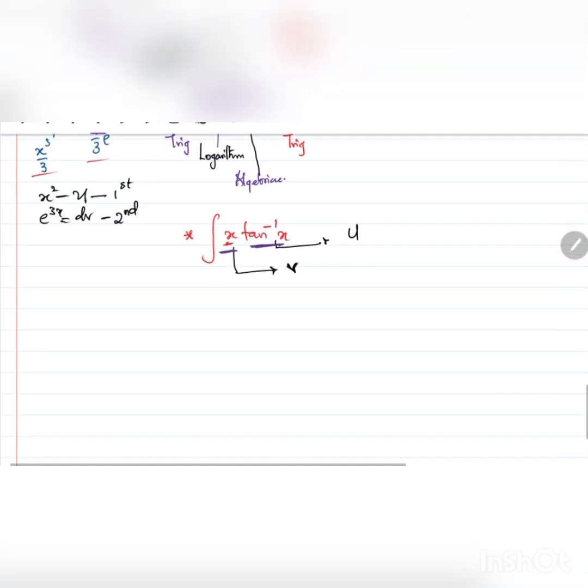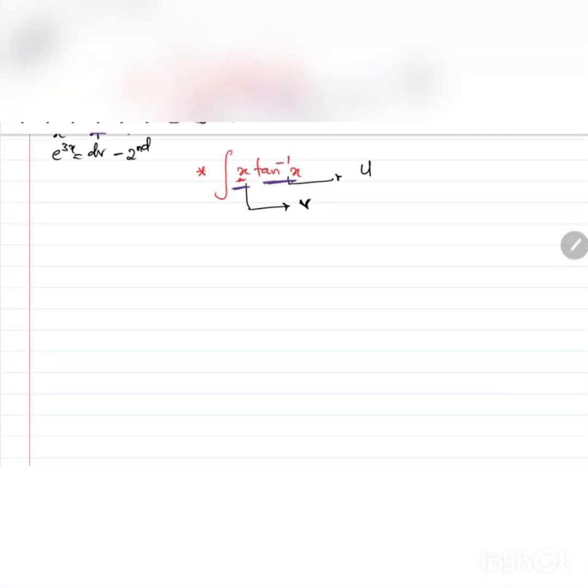Okay, so let's pick one example. Let's solve this integral of x arctan of x. Since this is the first function u and this is the second function dv, because we will integrate the second function, by definition the integral of u dv is equal to uv minus the integral of v du.